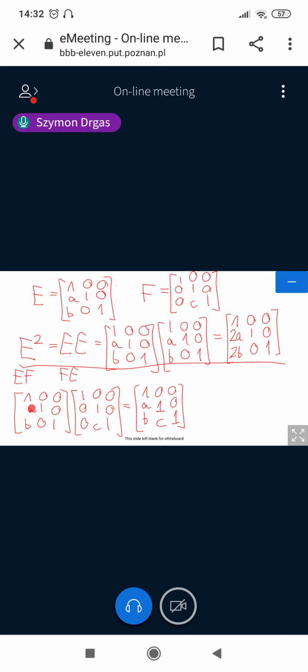If you have, let's say, a good order, so in the second matrix you have these elements below in the second column and so on, then you can just rewrite these numbers.